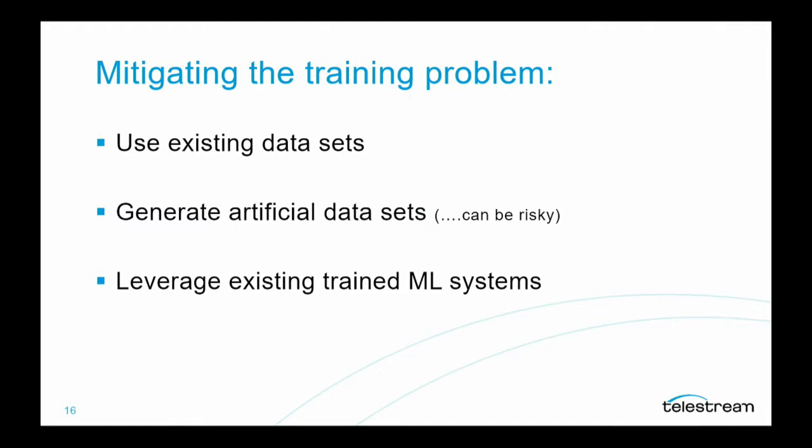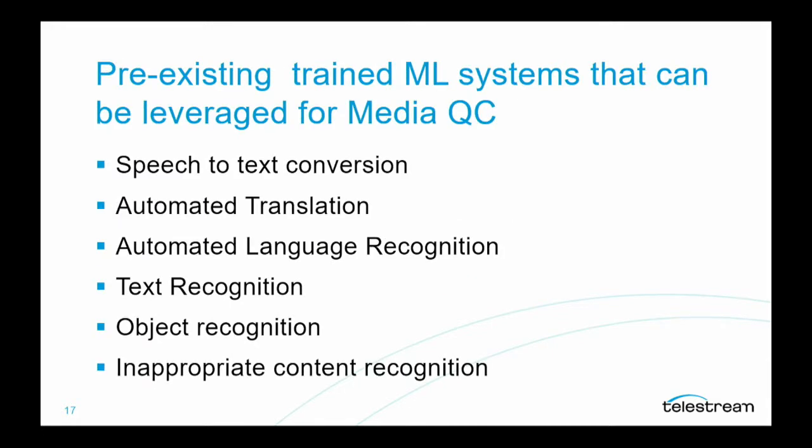And of course, what actually happens in the real world is we just find something that someone else has already trained for us and use that. So there are very good trained ML systems out there today that can do speech-to-text conversion, automated translations. You know, you've all used Google Translate.